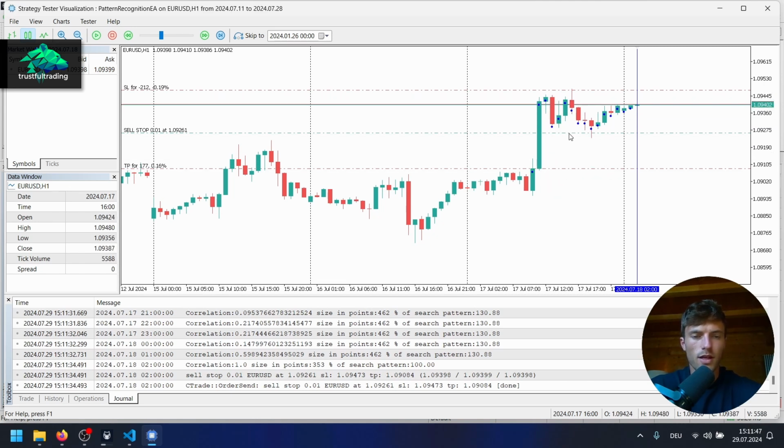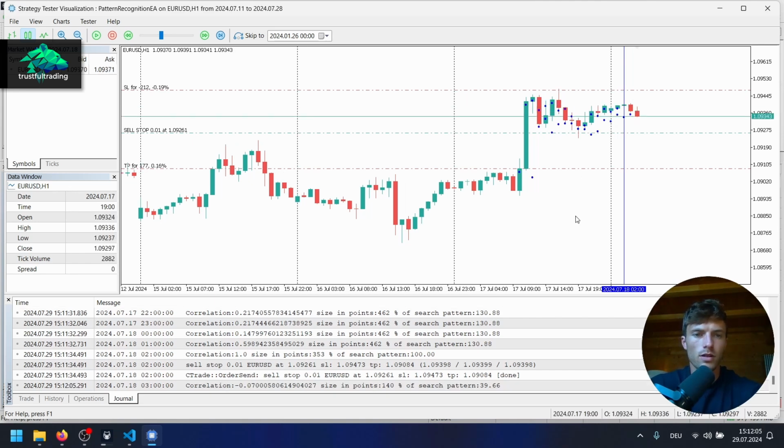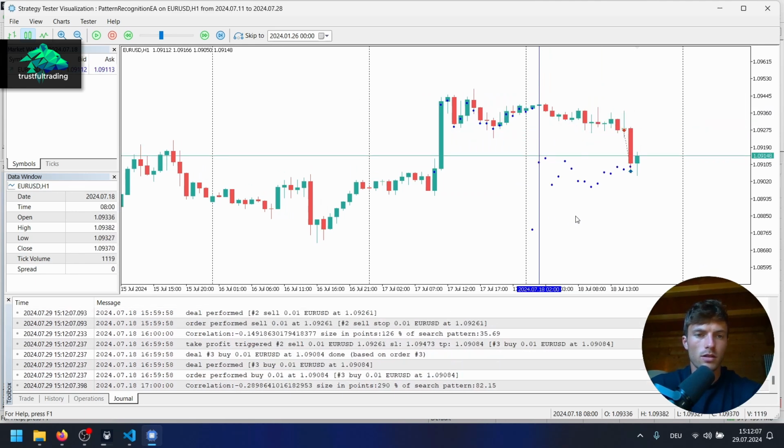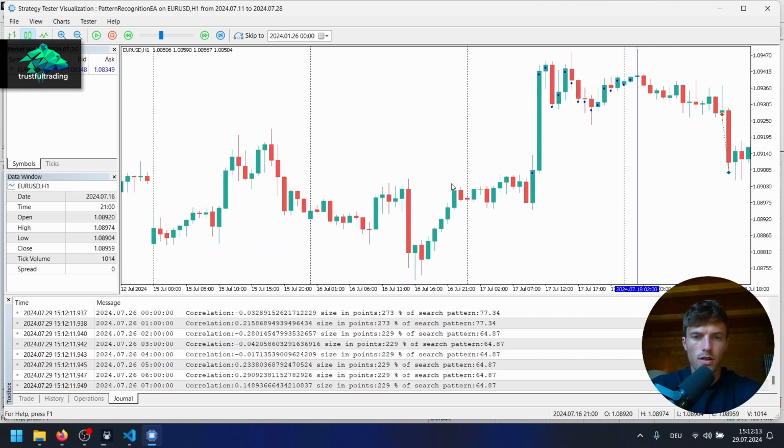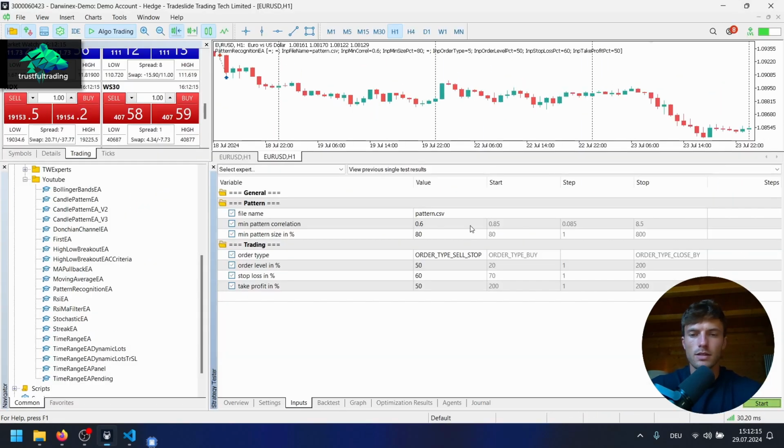Minimum is 0%, 50% is here. So there's our sell stop, and we have the stop loss 60% of the pattern size above, and the take profit, as I said, at the minimum of the pattern with 50% of the size. Okay, but I think this order is not executed. Oh, it is. So we made some profit here with the sell stop. Very nice.